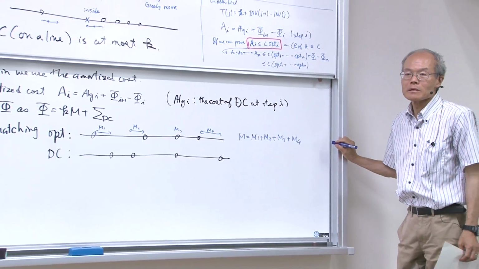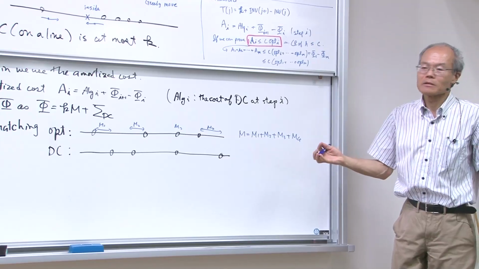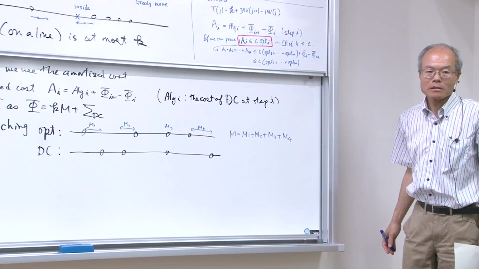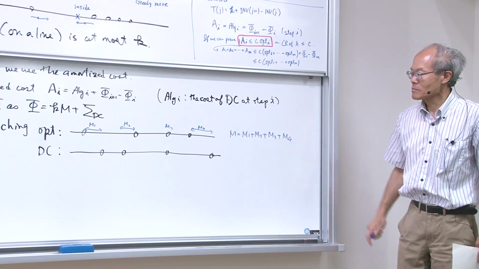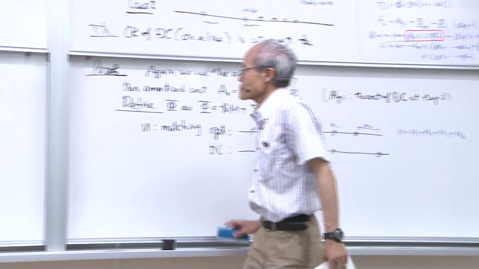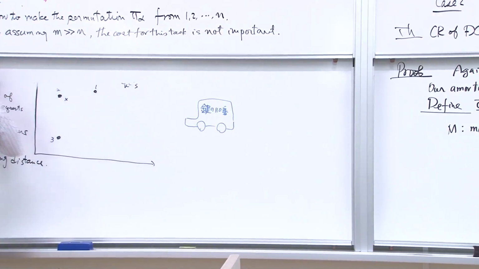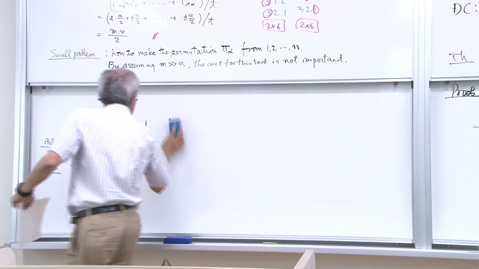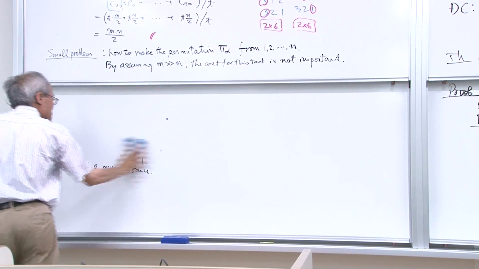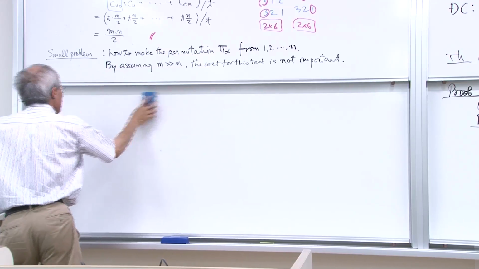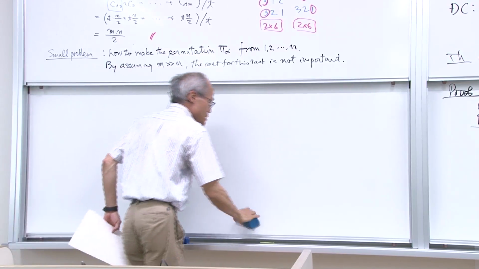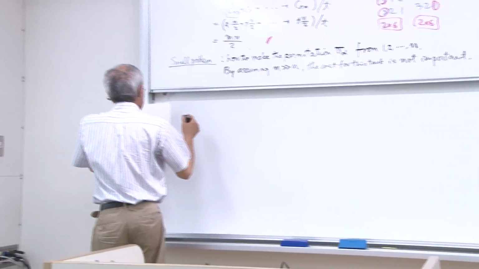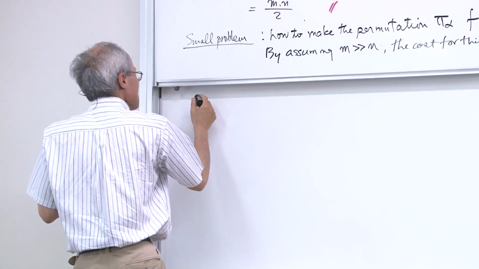Just a matching, kind of total difference, total difference between opt and DC. Okay, this is M. I'm running out of time. Okay. Now, sigma DC.